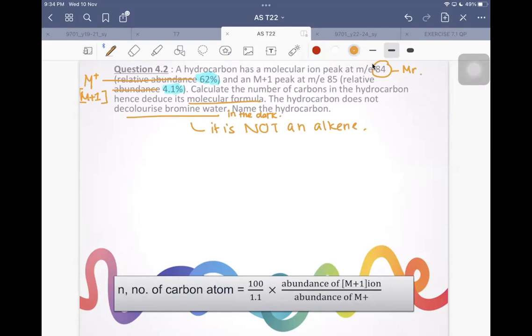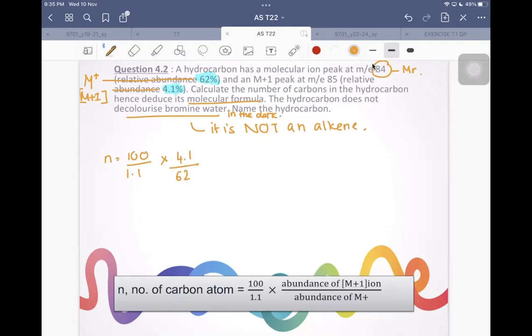Okay, so in order to identify the molecule, first we need to know how many carbon atoms are present in this molecule, and we can use the formula N equals 100 over 1.1 times the abundance of M+1, which is 4.1, over the abundance of M+, which is 62.